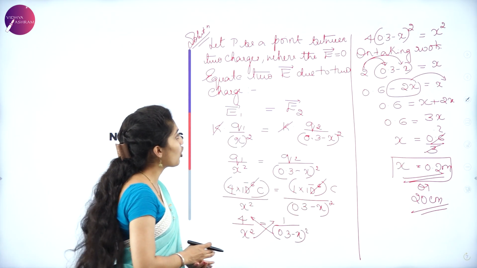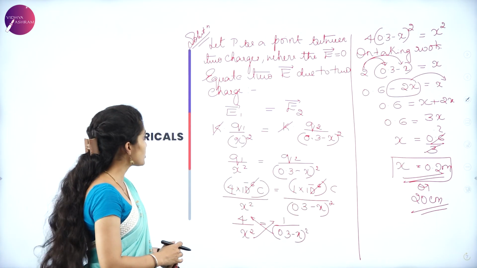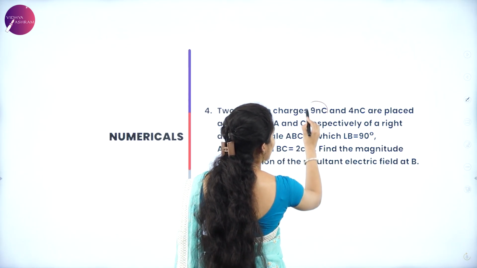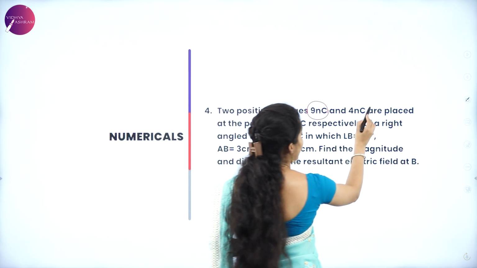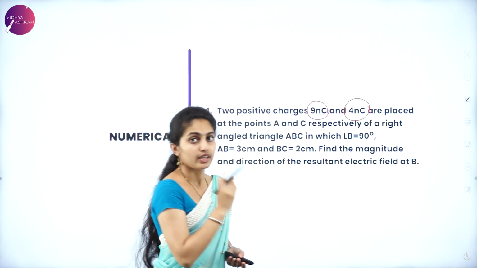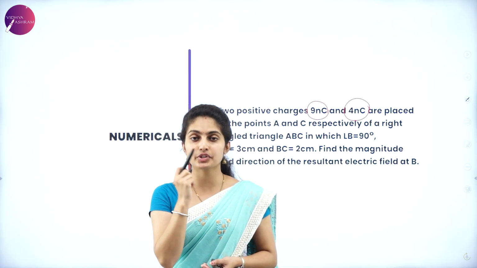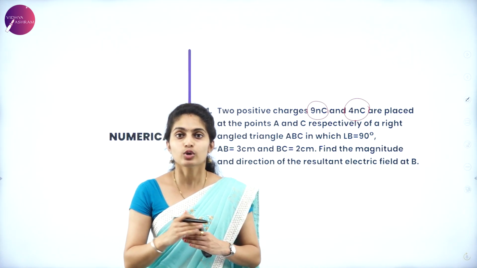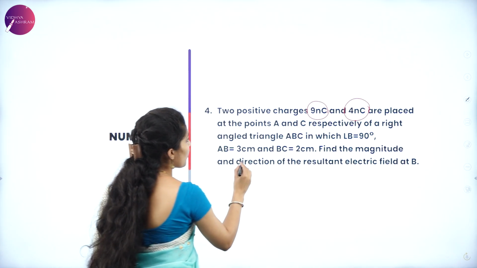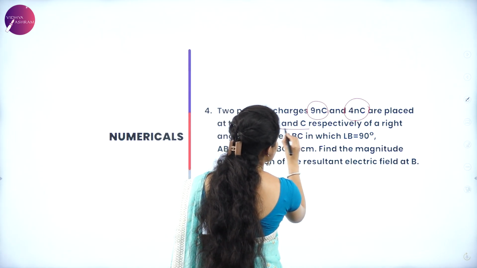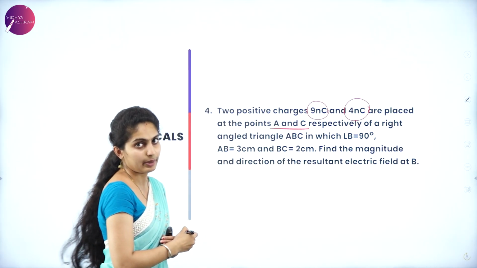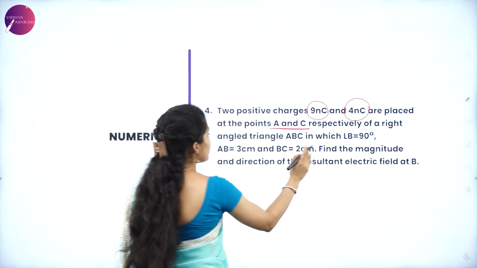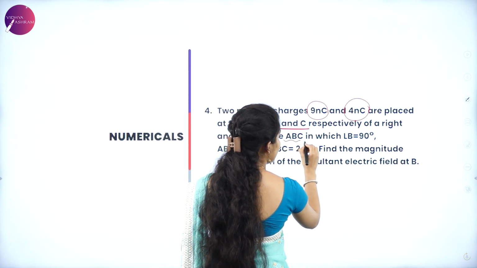And next, moving on to the fourth set, it is like two positive charges, 9 nanocoulomb and 4 nanocoulomb, which are placed at points A and C respectively of a right angle triangle ABC.